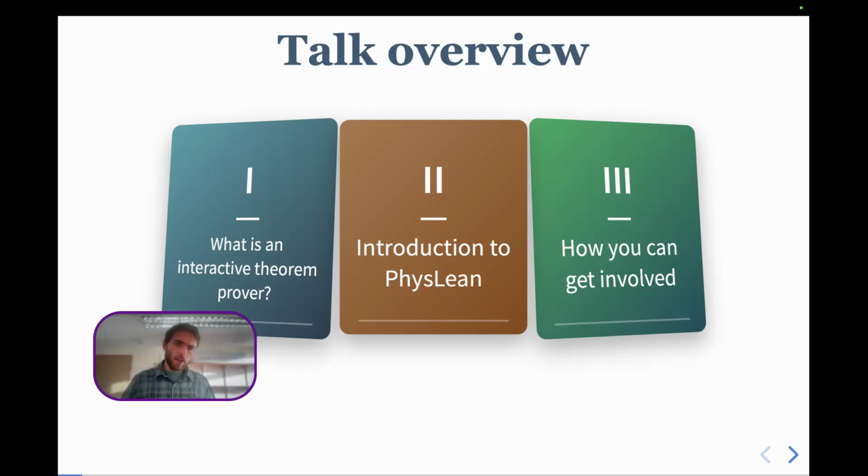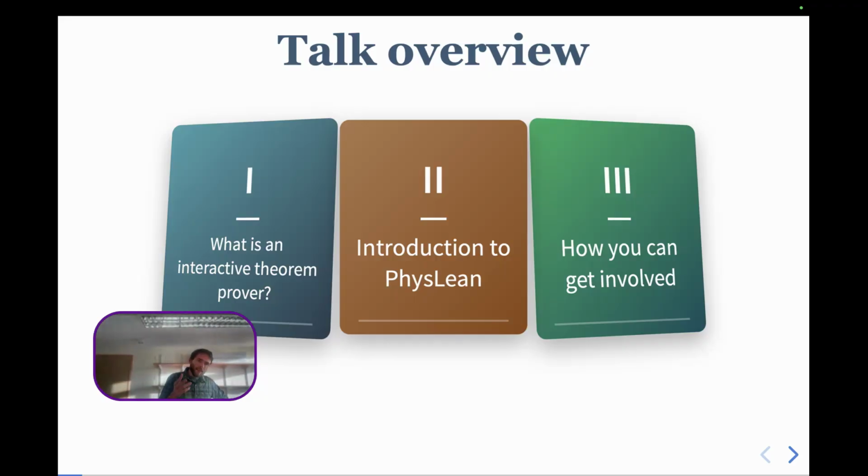So let me start the talk by telling you what an interactive theorem prover is. But before I do that, I want you to set yourself back to July 19th, 2024. You probably woke up on July 19th, 2024 and opened your computer. And everything probably worked fine.